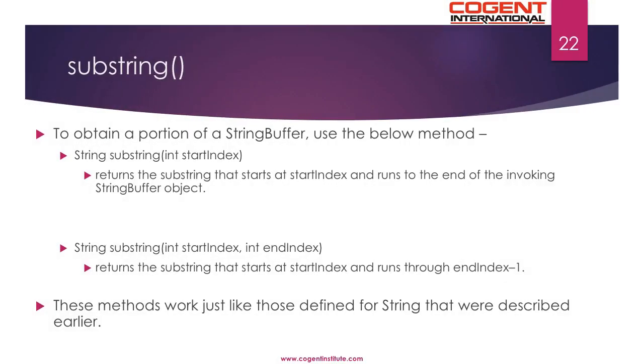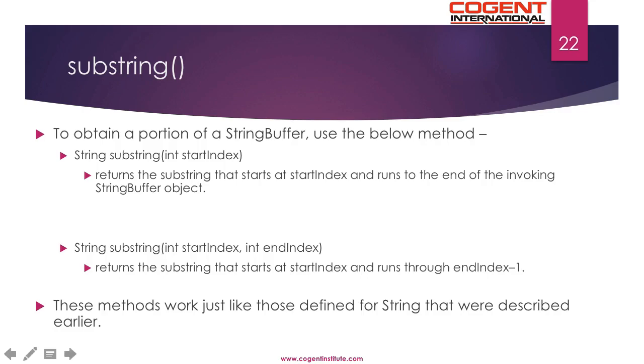Let's look at the substring method. To obtain a portion of a StringBuffer object, use the below method. substring, which takes a param startIndex of type int and returns a String. So this returns the substring that starts at startIndex and runs to the end of the invoking StringBuffer object.